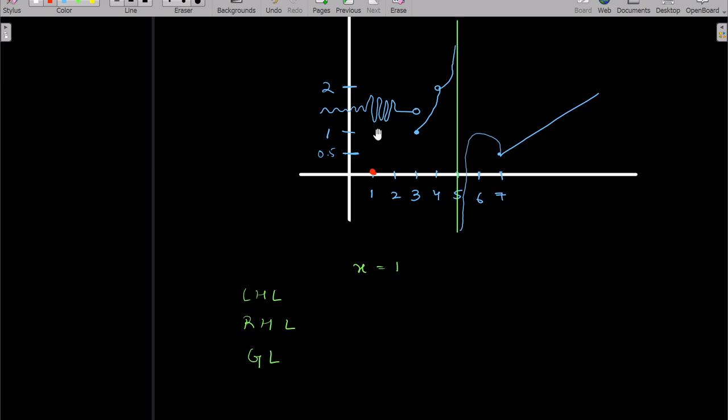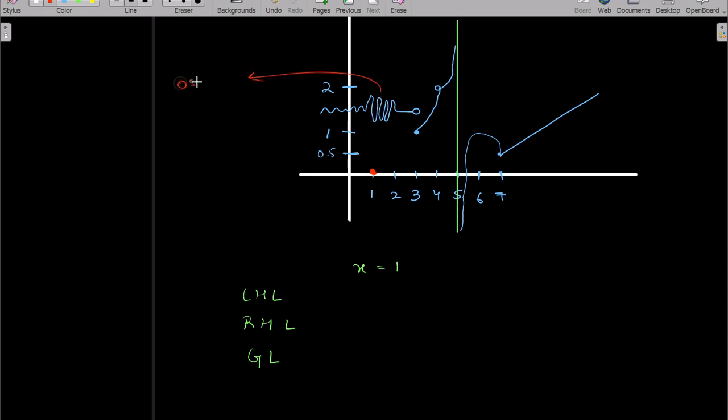What do you think is the value of the function when you approach x is equal to 1 from the left hand side? I thought these type of functions didn't have limits. Exactly. The oscillating functions, see, will have a limit at some points and will not have limits at other points. Okay, at x is equal to 1 it is oscillating.